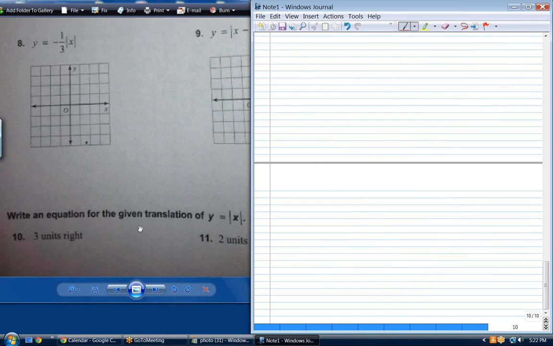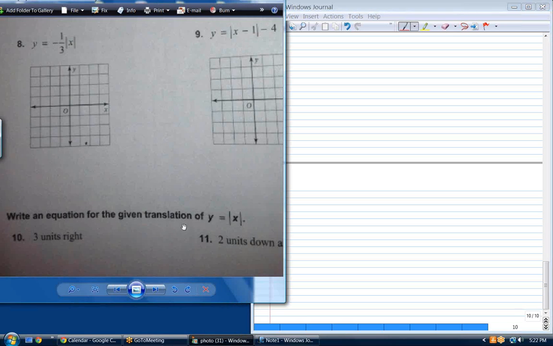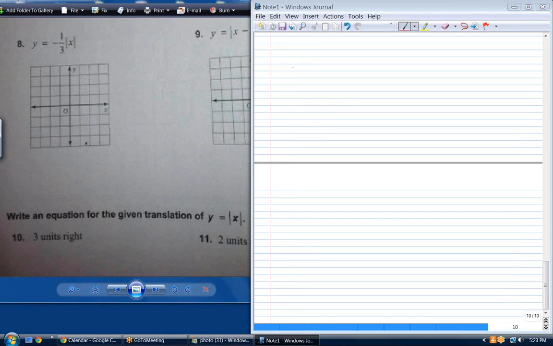Okay, write an equation for a given translation of y equals absolute value x, which is what we've been doing, where it goes 3 units to the right. What would that look like? You froze. I can't hear you. Can you hear me now? Yeah, now I can.